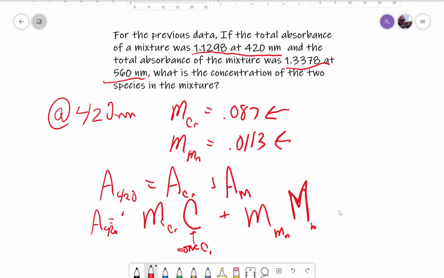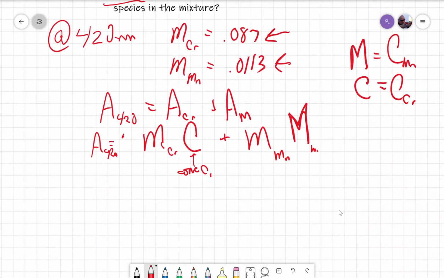So capital M is equal to the concentration of the potassium permanganate, and capital C is equal to the concentration of the chromate sample. That's just to keep my algebra a little more obvious.